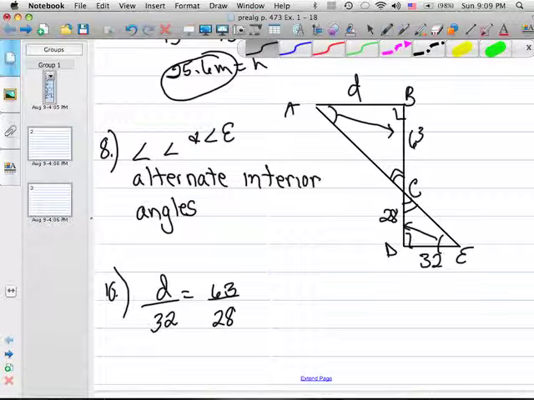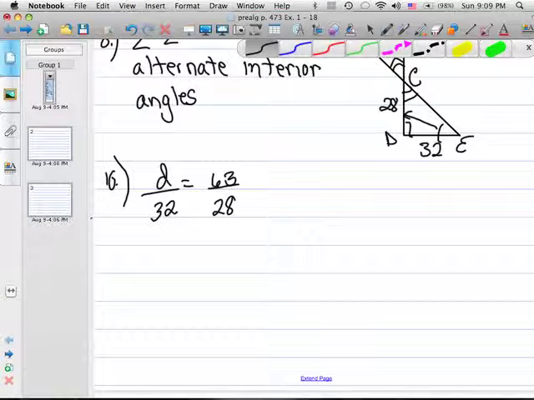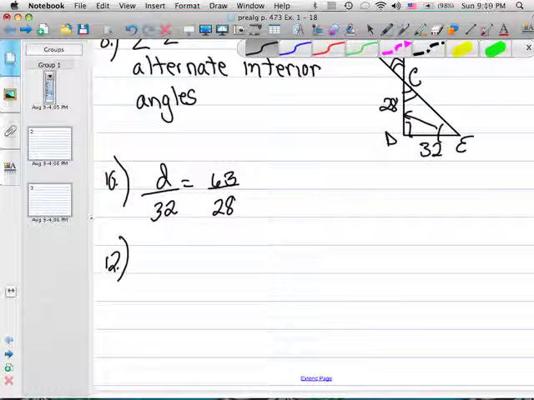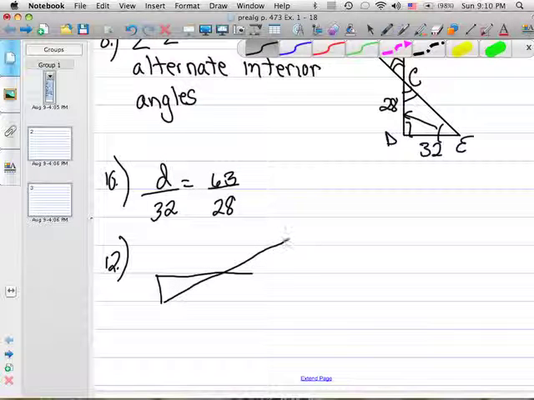And then problem number 12. The figure below shows how surveyors laid out similar triangles along the banks of the Sage River. Using these triangles, calculate the distance across the river. Well, we have the same setup as the one before.